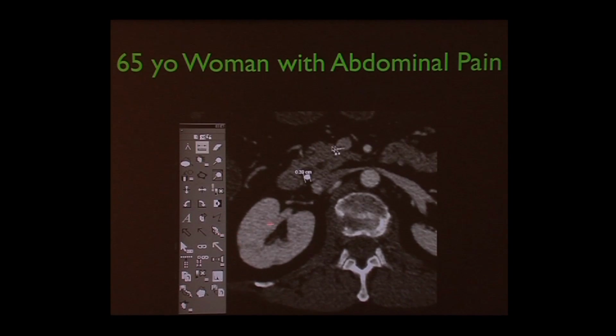So the kidney's over here, and the spine is here, and these are muscles. And this is, let me just go back. Well, a little bit of the pancreas is right here, and this is the pancreatic duct, which is filled with fluid. This is the bile duct, and that's a kidney. That's a gallstone that has gone down into the duct and obstructed, and it's 4 millimeters.